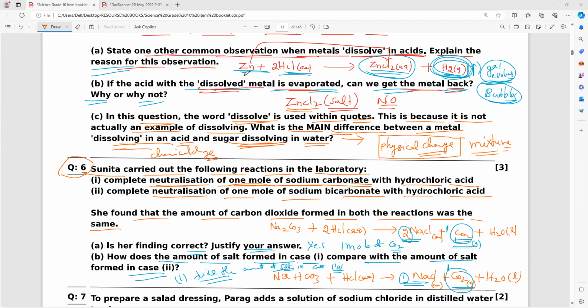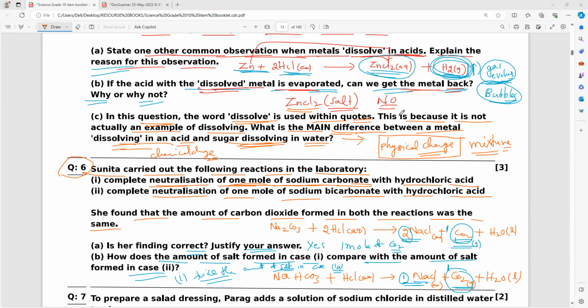But we have also done it with sulfuric acid. Do you remember, everybody? Sulfuric acid, if you have done that, the number of moles of carbon dioxide is not the same. Verify, everybody. So 2 moles of carbon dioxide will come and 1 mole of carbon dioxide will come. Difference. Is it right?